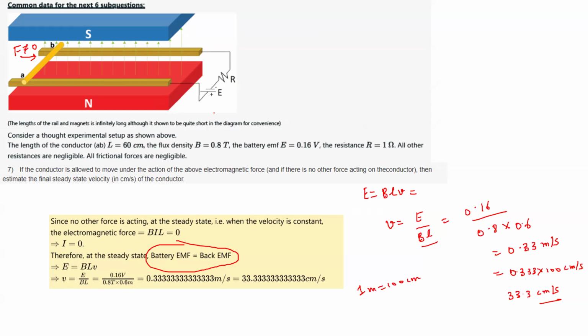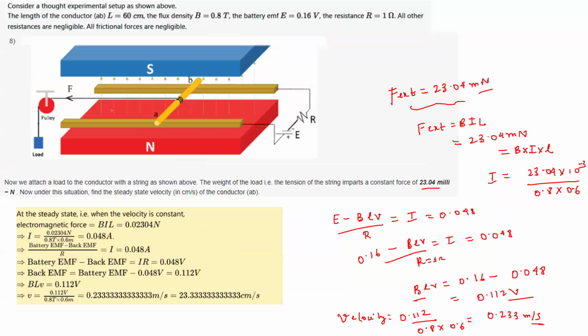Because this external force is zero, which is BIL, so I is zero, and hence this induced EMF, the back EMF due to this movement, will be the same as this battery EMF. But here, because the external force is applied, the back EMF and this battery EMF will not be the same. Okay, so there will be some difference which will result in the current to flow.